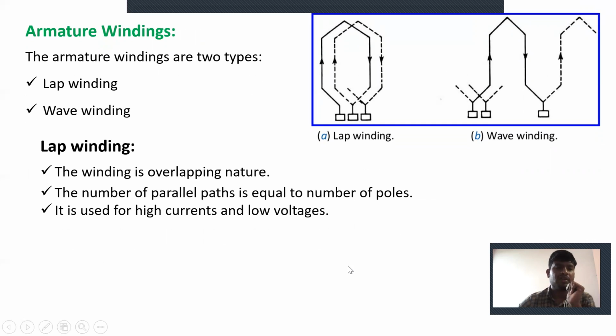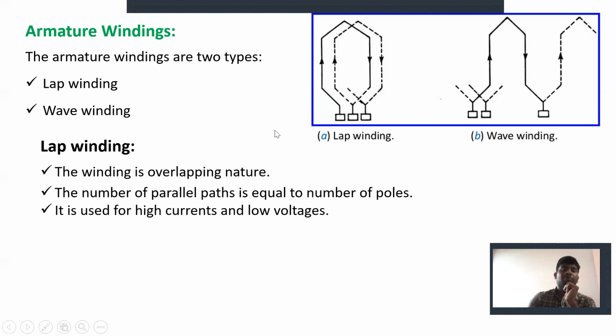Observe the lap winding like this: simply coils, a closed path structure. That is called a lap winding. And wave winding means simply it is a wave nature.